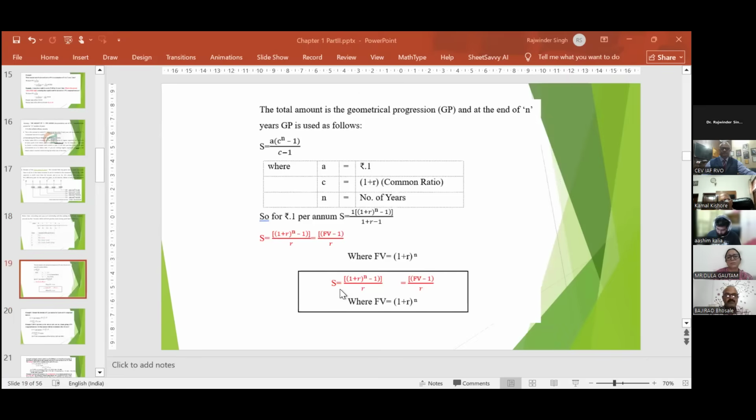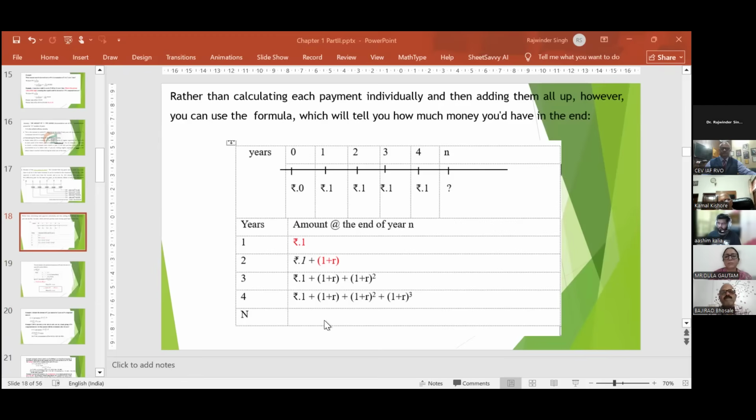So if we see here, what type of series is it? Binomial? So it is geometric progression, sorry.